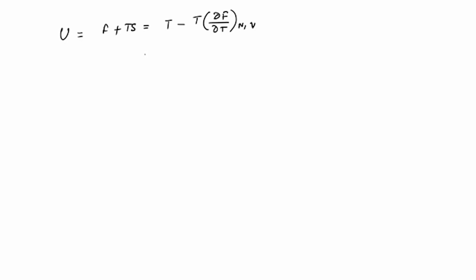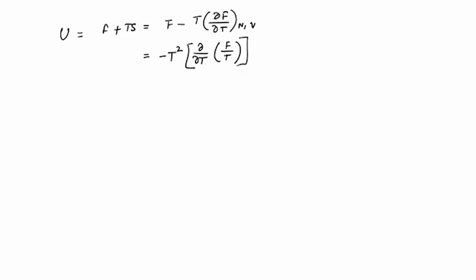There is a little bit of algebra and mathematical manipulation to get a closed expression for F. So, this is equal to del by del T of F by T. You can easily prove that this is equal to the line that you see above.